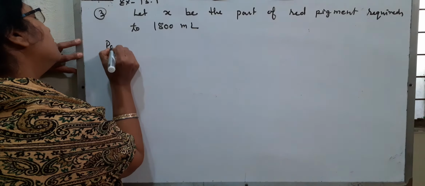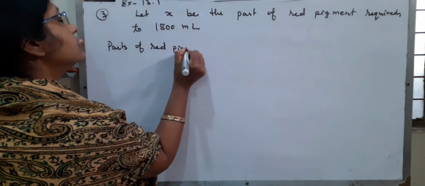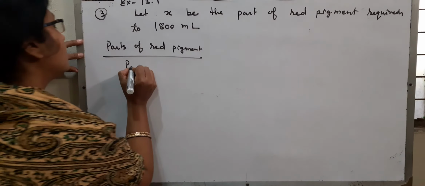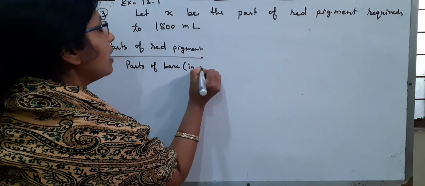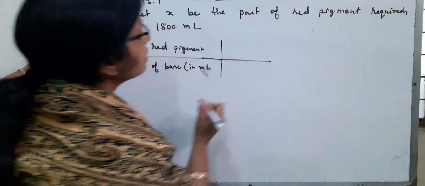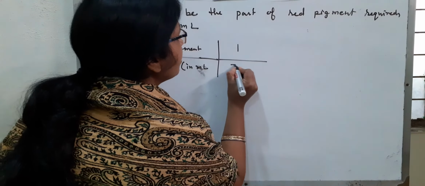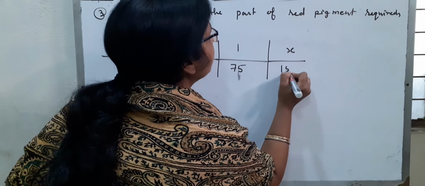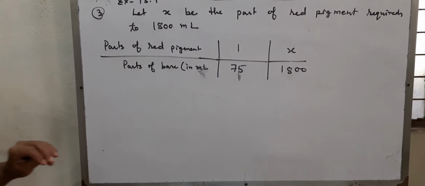Parts of red pigment upon parts of base in ml. When one part of red pigment is required for 75 ml, then x parts of red pigment are required for 1800 ml.